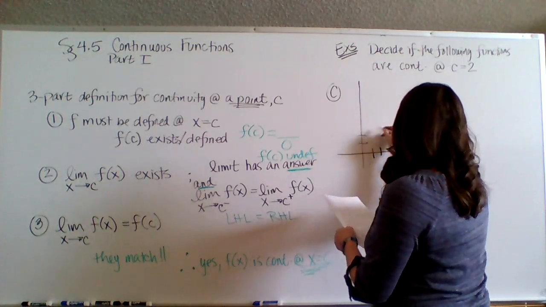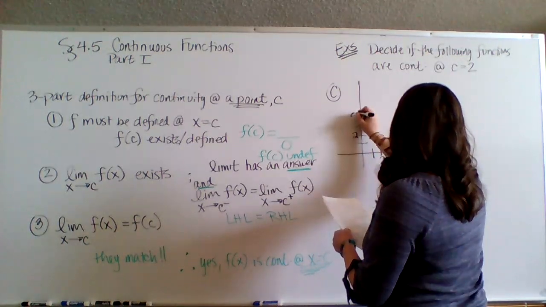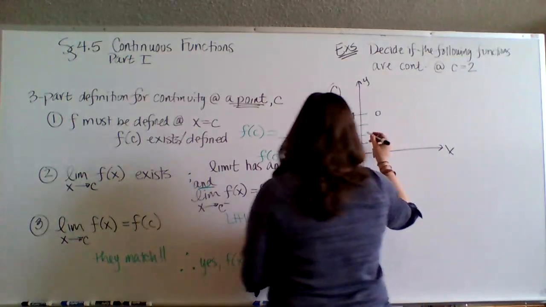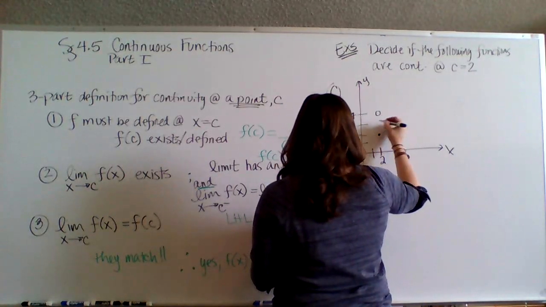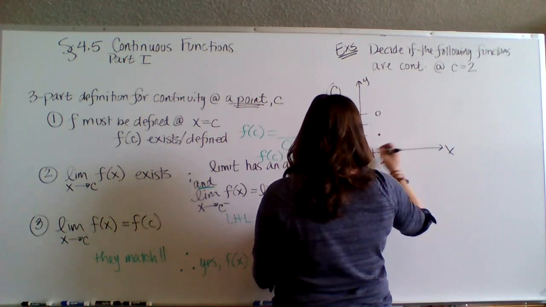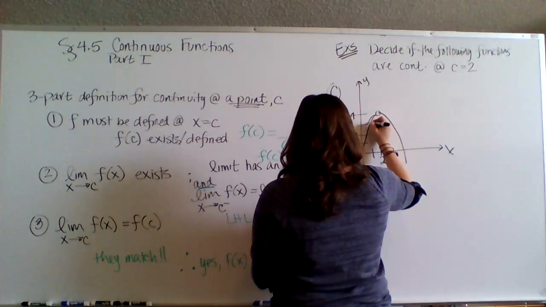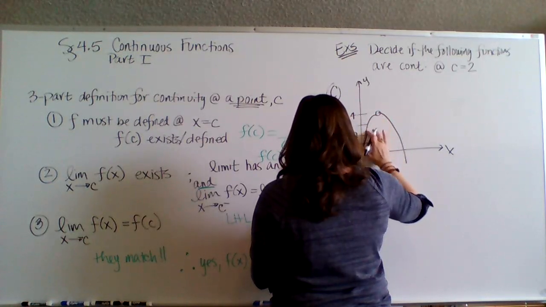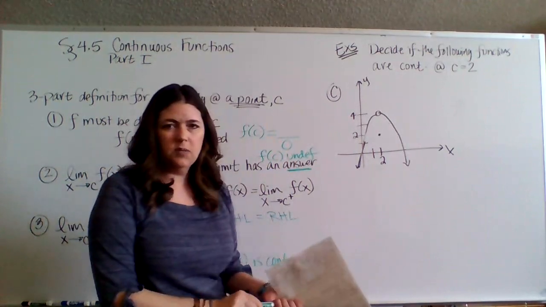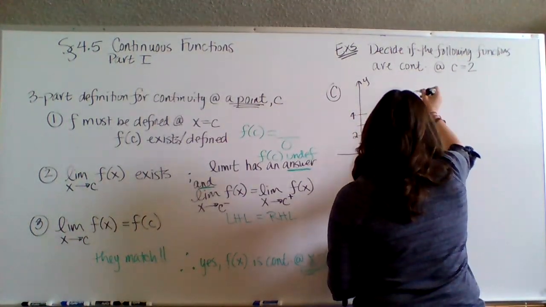We have a closed dot at (2, 2). We have an open dot at (2, 4). And we have a graph that looks something like this. This graph is labeled the graph of n of x, let's say.